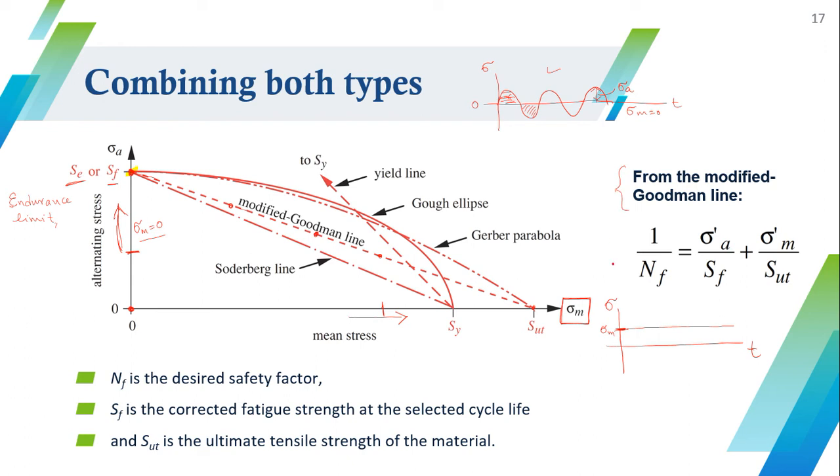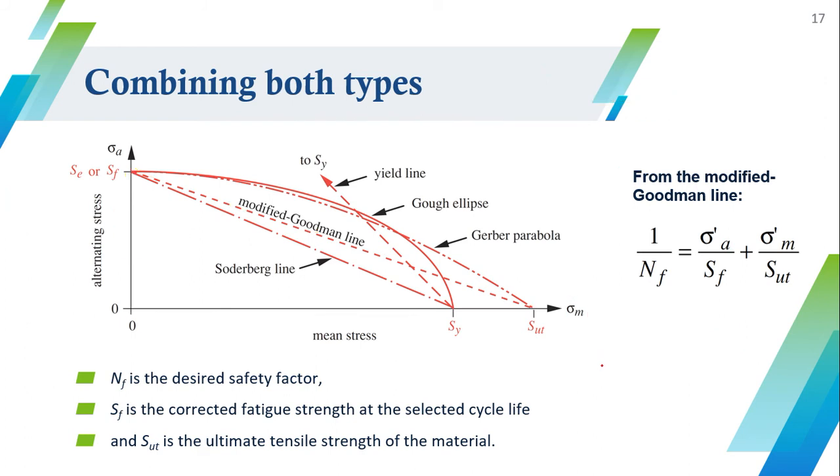Here, what you see is the equation of this line. So this is the equation of this modified Goodman line, where sigma alternating prime is normalized with respect to SF, or here we can also write SE.